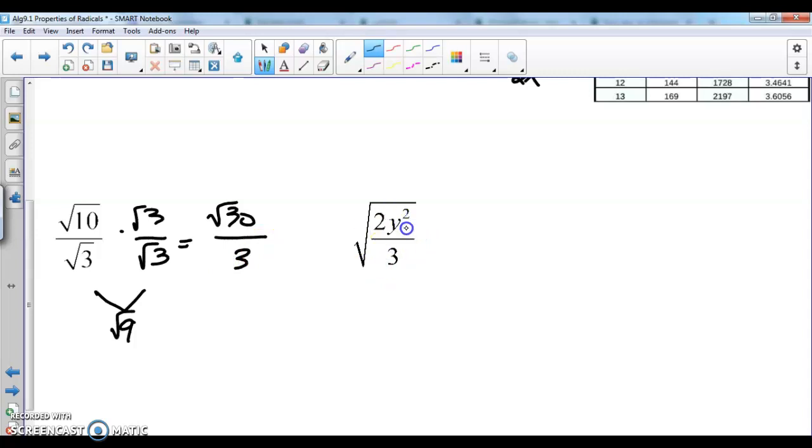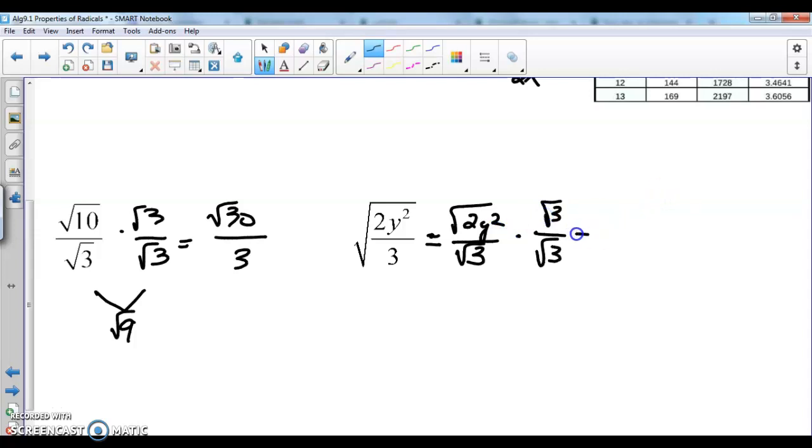What if both of them are inside a radical sign? Does it still work in the same way? Well, definitely, because you can break it down into 2 separate expressions, right? They're the same. This is equal. So now what are we going to multiply this with? We're going to multiply this by radical 3 over radical 3.